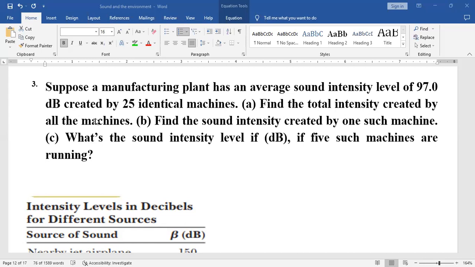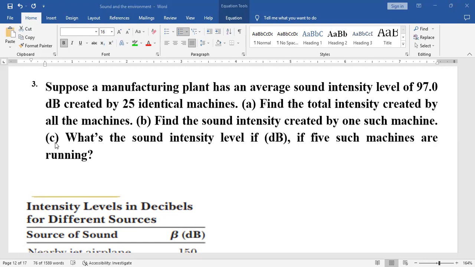So we are asked to find I, just as we have done the first one. Then the B part says, find the sound intensity created by one such machine. So we are also going to find the sound intensity that one machine can produce. After finding the first one here, sound intensity for all, we are now going to find sound intensity for just one of those machines.